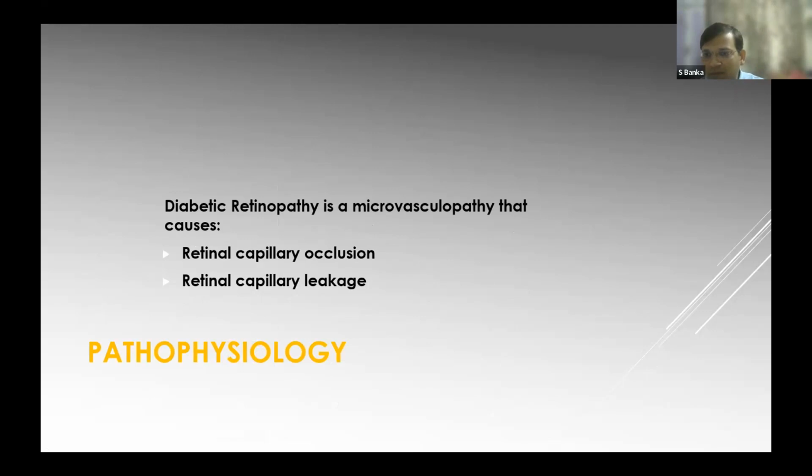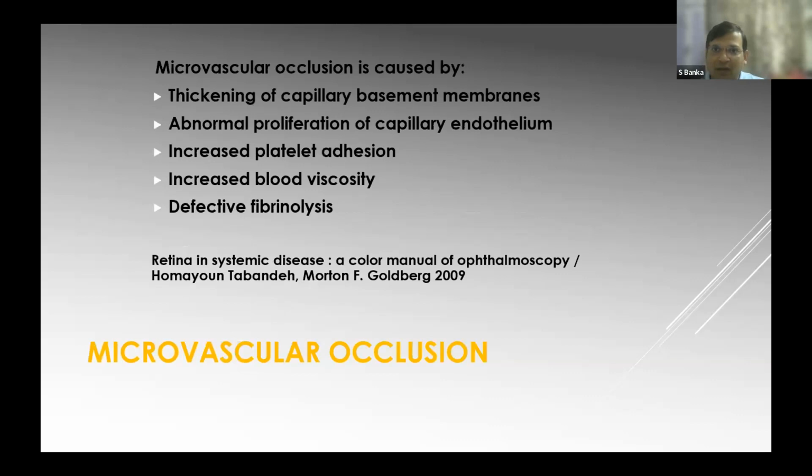The whole pathophysiology is because of microvasculopathy, which causes retinal capillary occlusion and retinal capillary leakage. Now, microvascular occlusion due to the inflammatory process causes thickening of capillary basement membranes and abnormal proliferation of capillary endothelium, which leads to increased platelet adhesion.